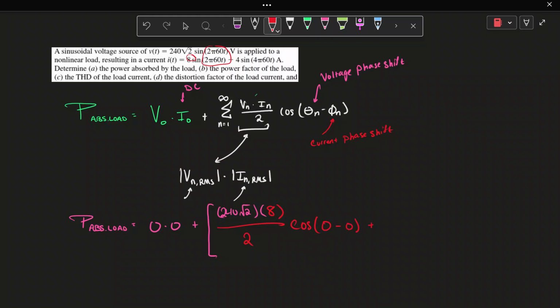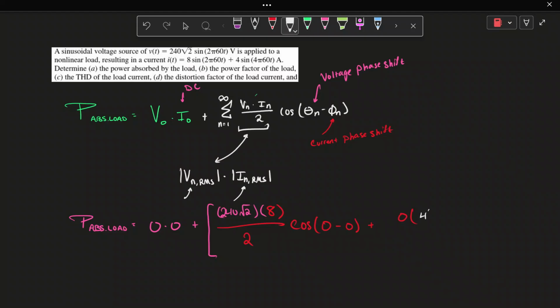Then you add. Remember, we're doing a summation from 1 to infinity of however many harmonics are given. Then we ask, are there any more harmonics in the voltage source? No, so we have 0 times the magnitude of the second harmonic in the current.